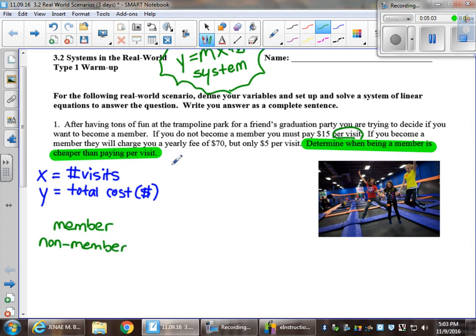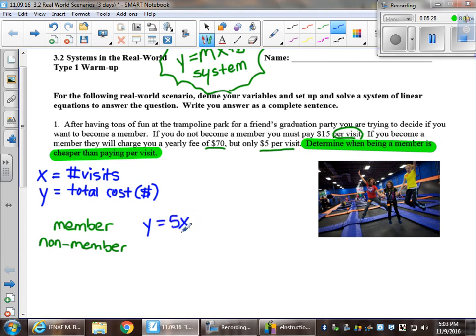What do we know about being a member? This is if you are not a member. Let me keep reading. Okay, here we go. If you become a member, they will charge you a yearly fee of $70, but only $5 per visit. $5 per visit, I know is my rate. Y equals 5x.